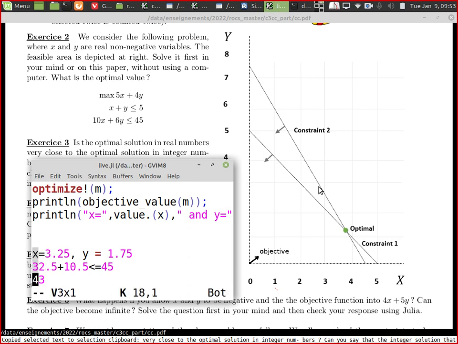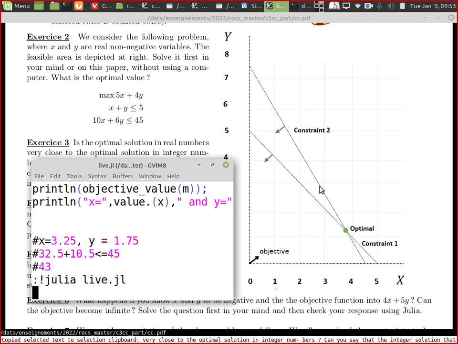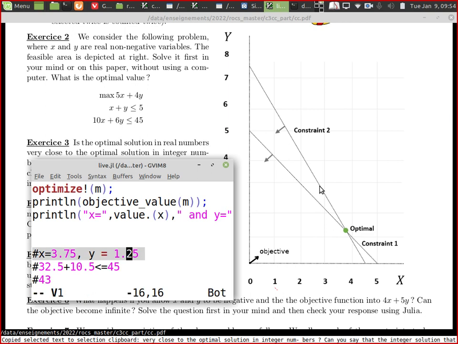Let me check if something is wrong or not. No, because I wasn't expecting this at all. Sorry, these are the good values of x and y. So now when I write 10 times x plus 6 times y less than or equal to 45, I have 10 times 3.75 plus 6 times 1.25.